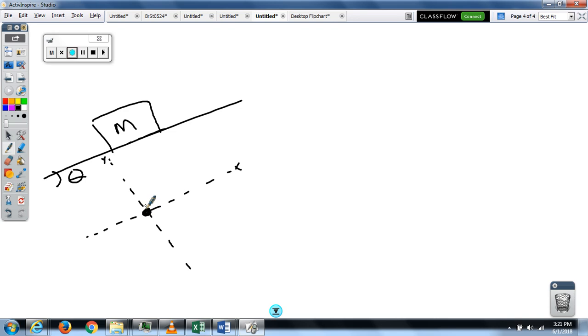The mass gets shrunk to a dot placed at the center. You have gravity acting on it. The angle at the base of the ramp is this angle right here.